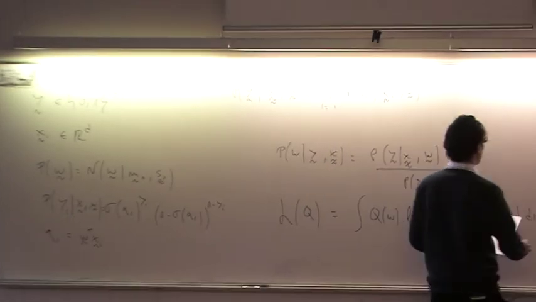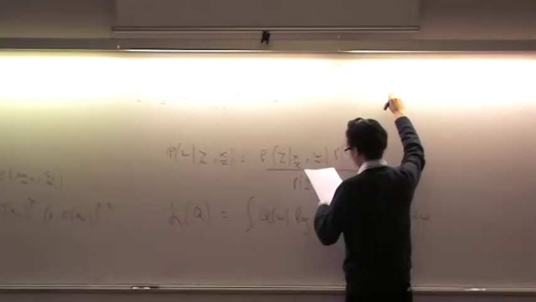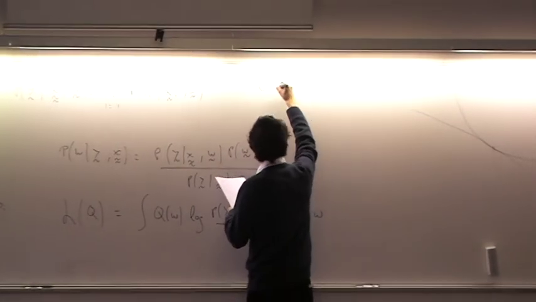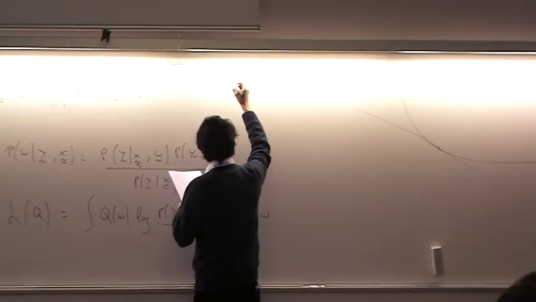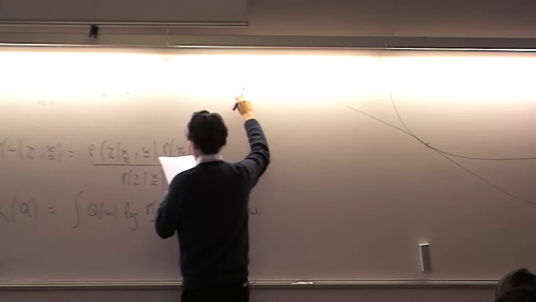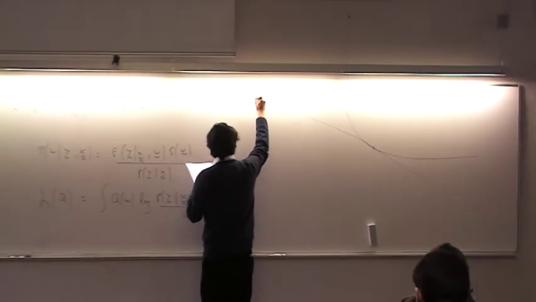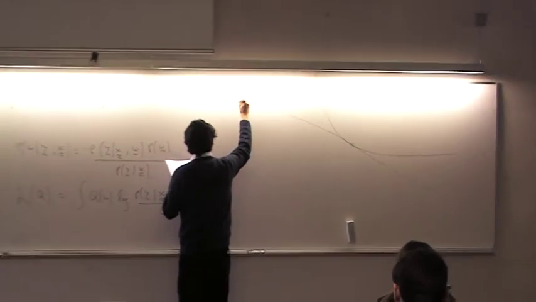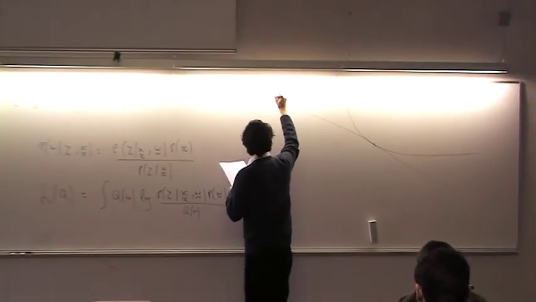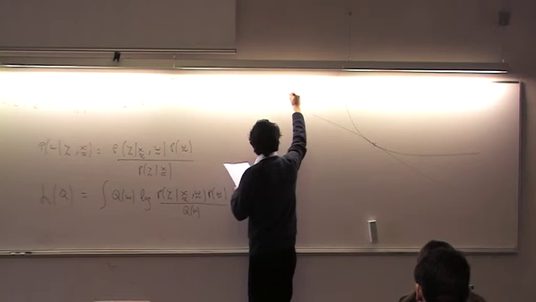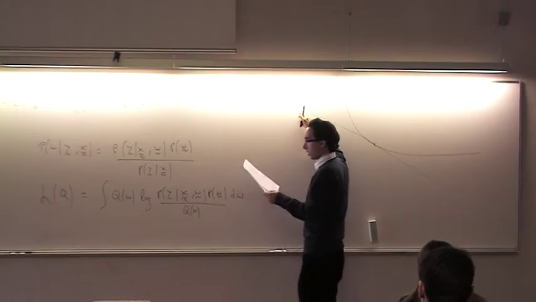I have basically that for the logistic function, I can introduce a lower bound, which is just an unnormalized Gaussian.